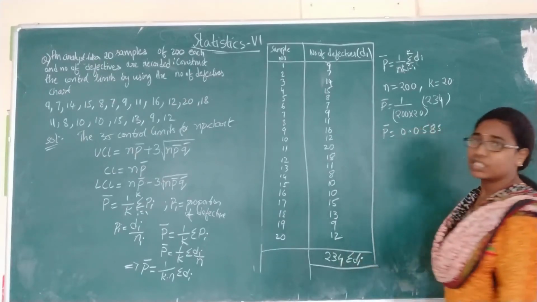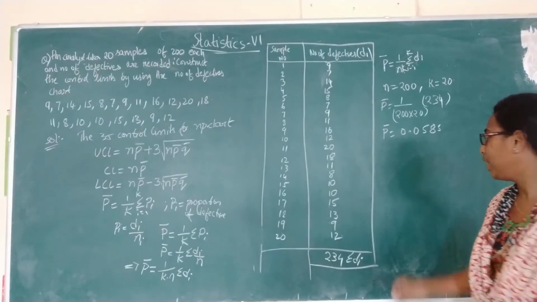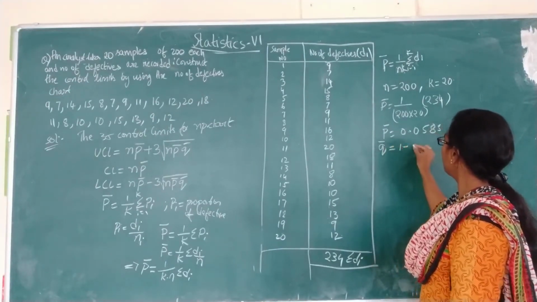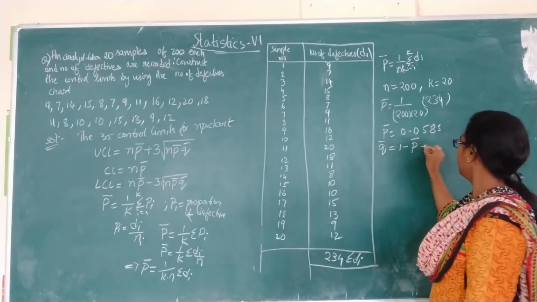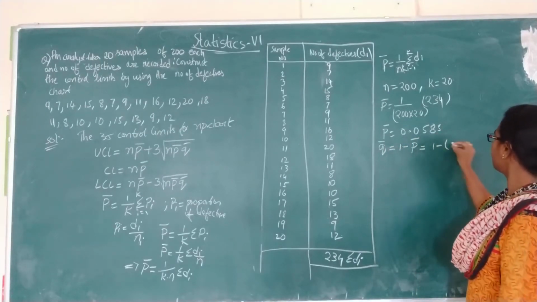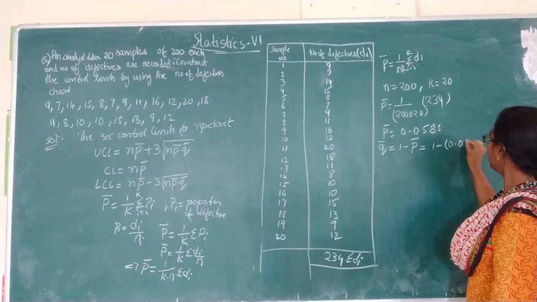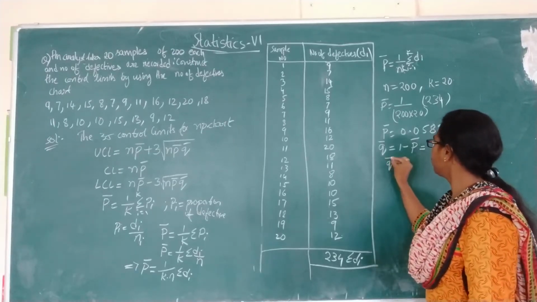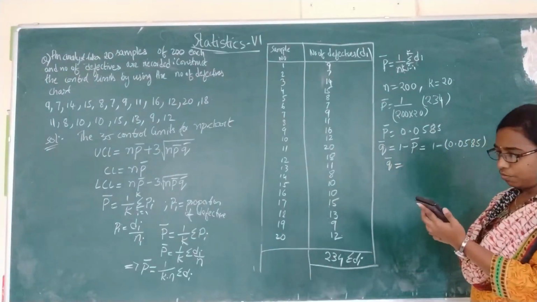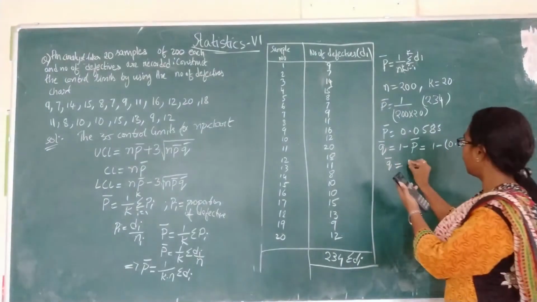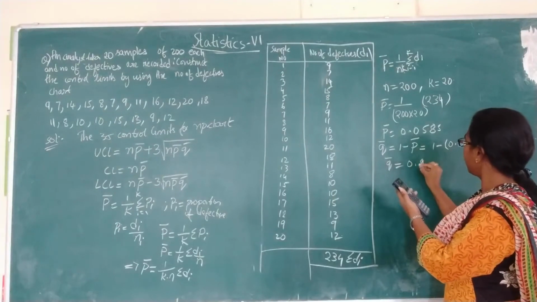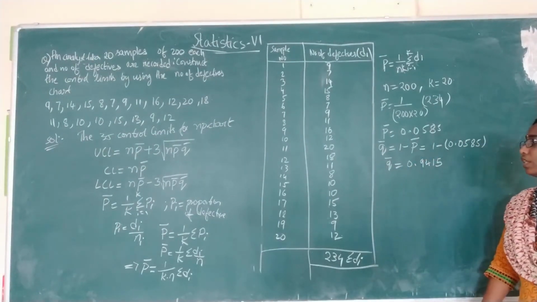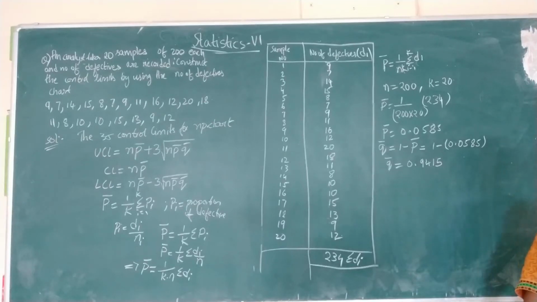So this is the required P bar value. Next calculate Q bar. Q bar equals 1 minus P bar, that is 1 minus 0.0585. So Q bar equals 0.9415. So now we got the P bar and Q bar values.